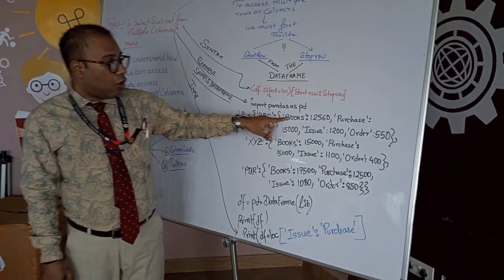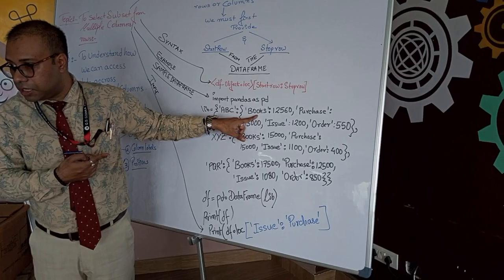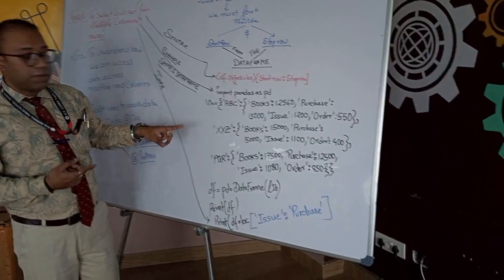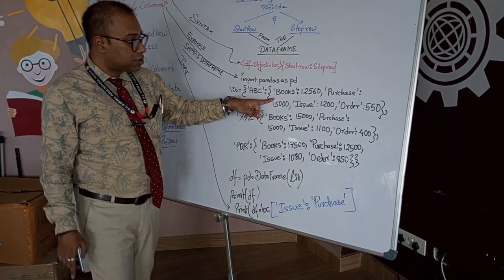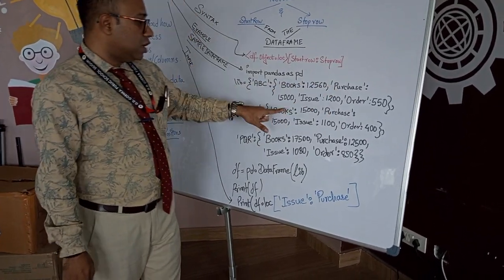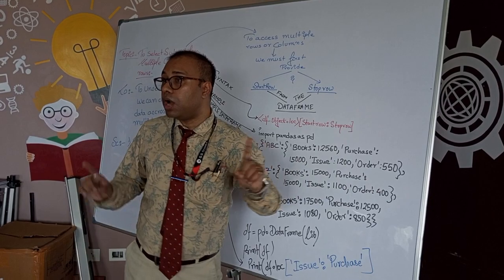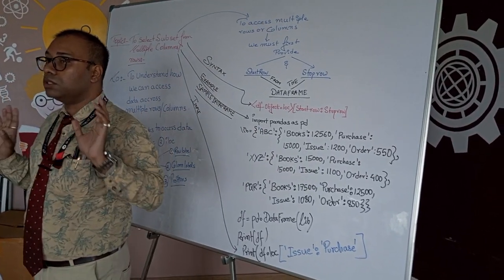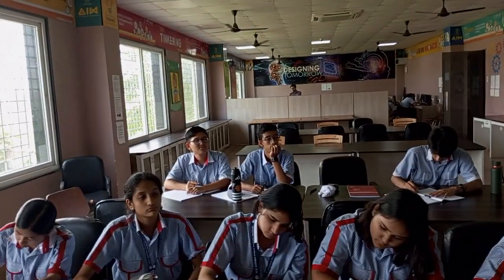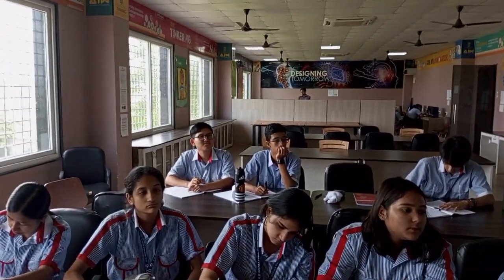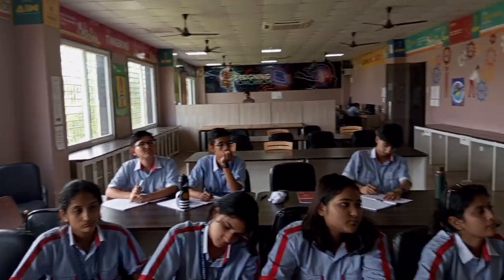And all the other keys that you can see will be acting as row labels. So that means books, purchase, issue, order are what? They are the individual rows. Is that clear? Tenzin? Books, purchase, issue, order are the individual rows.